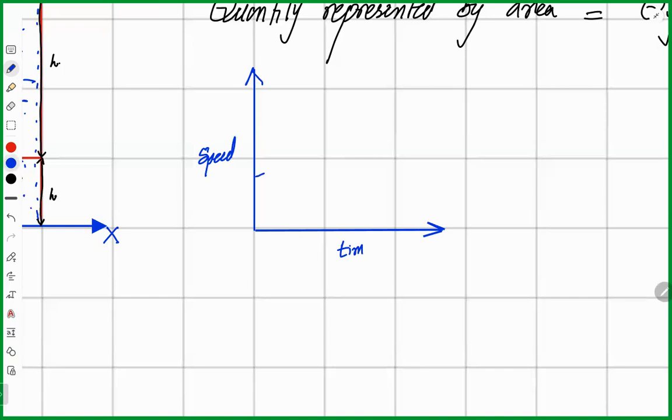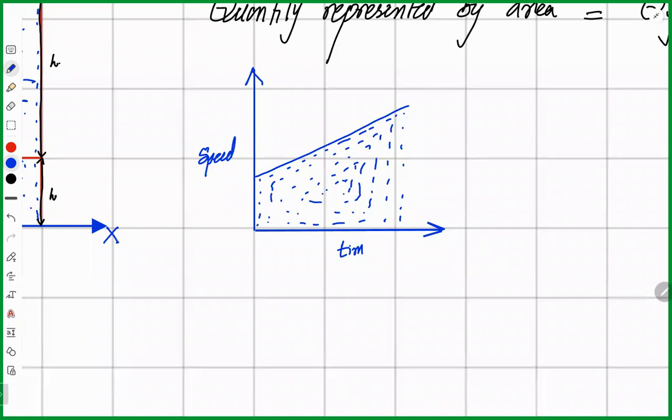This is the graph, and we find its area. Multiply speed with time.